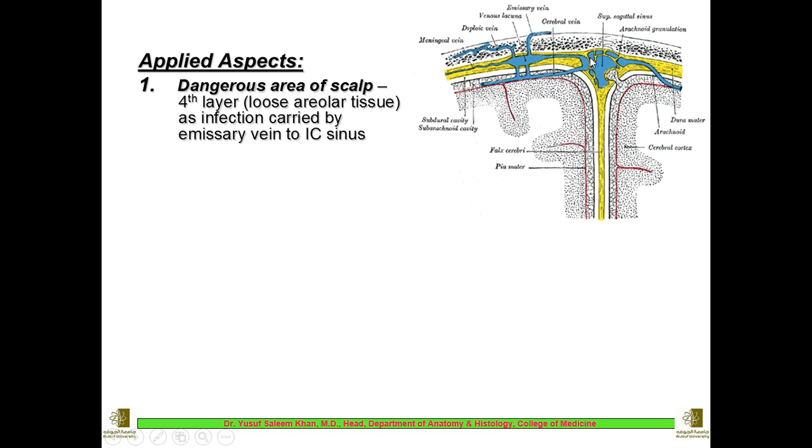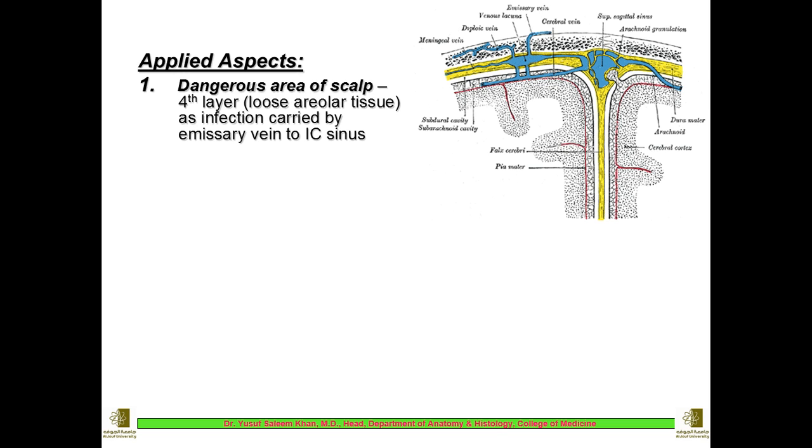So any infection there during injury or some other infection might get transferred deep inside into the important spaces, venous spaces there. So these are the emissary veins which can carry any infection which is outside the scalp into the dural venous sinuses deep inside, and this might lead to transfer of infection which is external directly into the cranial cavity and from there into the brain itself.